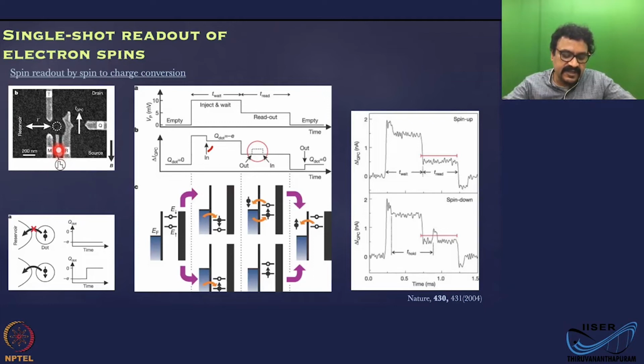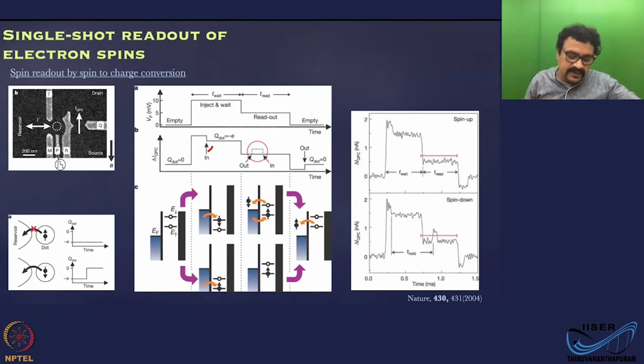In this specific experiment, the gate is labeled P. Now you can tune the level such that one of the Zeeman split levels is populated and the other one is empty, because when you apply a magnetic field, the state will split into two, E1 and E2 here. Before the field, these two are the same, but the moment you apply the field, you have a splitting here.